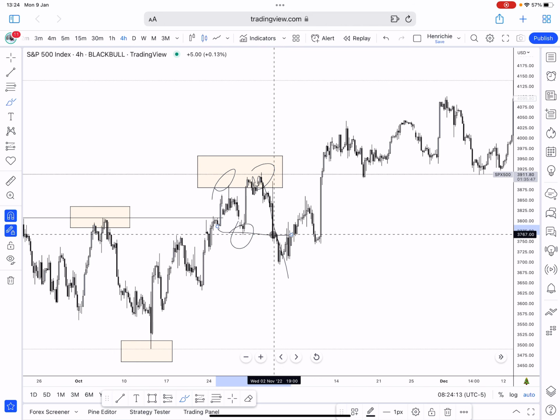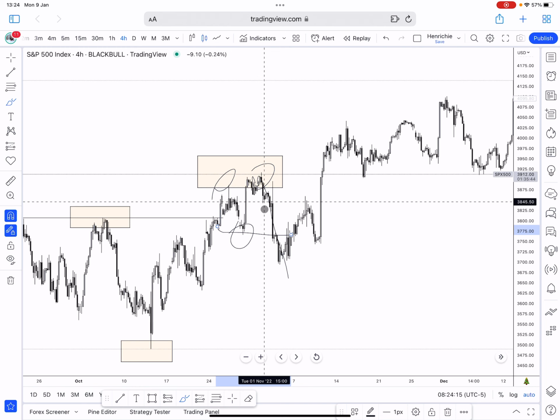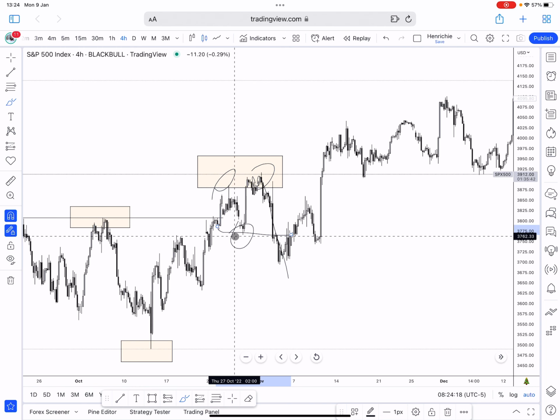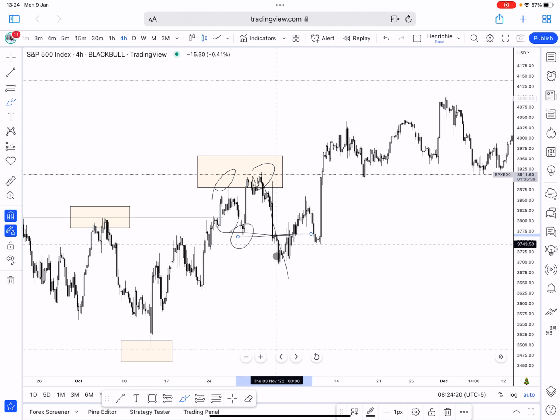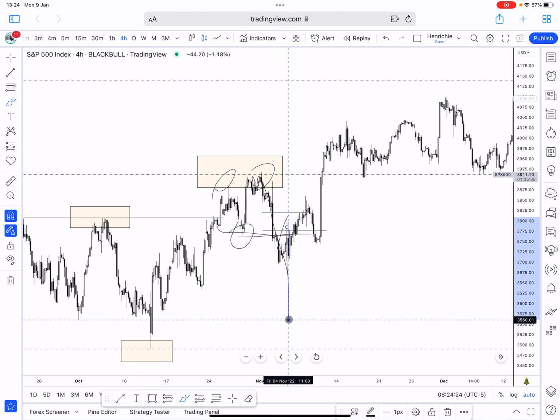So the usual me, when I see this, I'll call it a break of structure, and I'll be looking for price to come up so I can sell this.